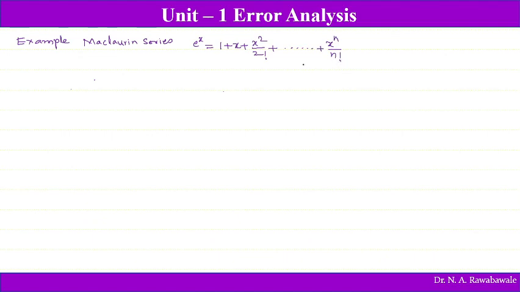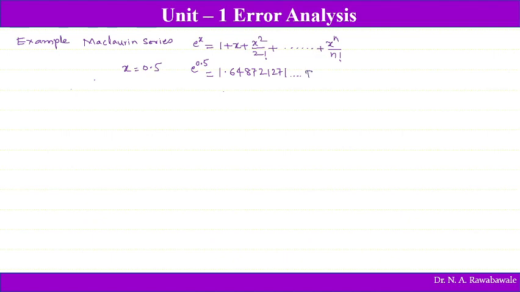Now for x equal to 0.5, if we take the value of the variable x as 0.5, then e to the power of 0.5, if you operate your calculator, gives the result 1.648721271 and so on.